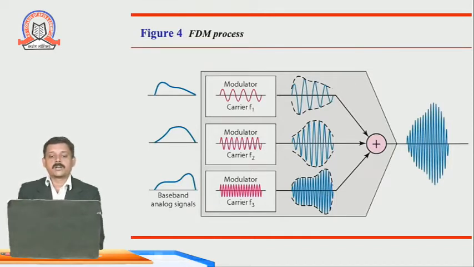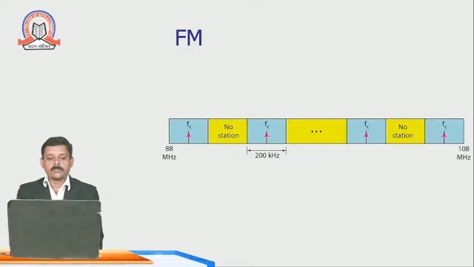Different signals come from the different channels, and the multiplexer merges these signals with the help of a modulator. It forms a composite signal which travels through the common communication channel or link. The FM channel is a best example of frequency division multiplexing.